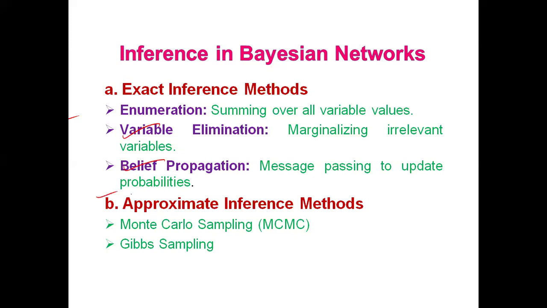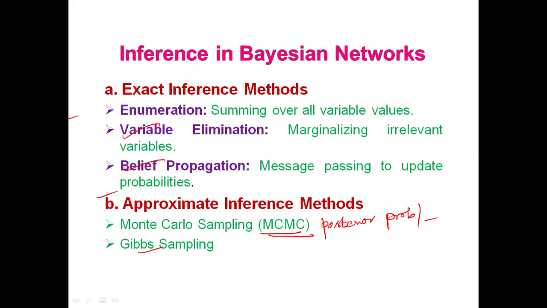And approximate inference methods. Here, we are using Monte Carlo sampling and Gibbs sampling. MCMC, Markov chain Monte Carlo sampling, uses random sampling to approximate the posterior probability distribution.